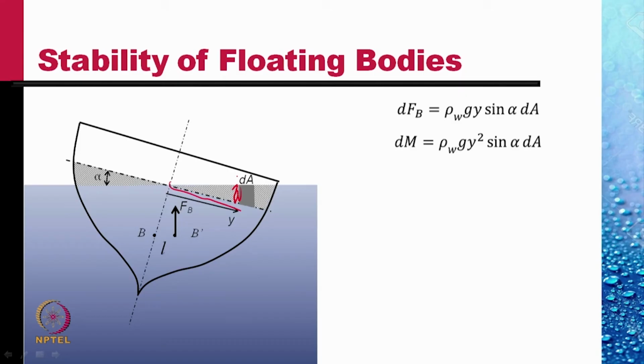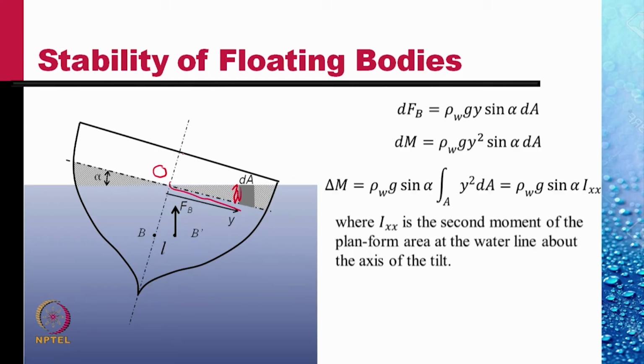And the moment it creates is about the point O. This point O is multiplied by this buoyancy force times y. So dM is rho w g y squared sine alpha dA. So the change in moment produced, you integrate this over the whole area of the water line.